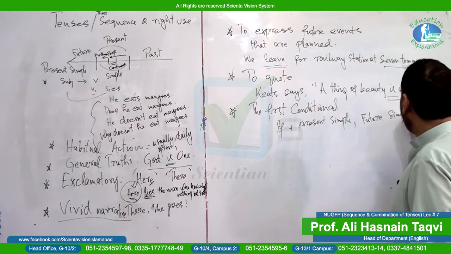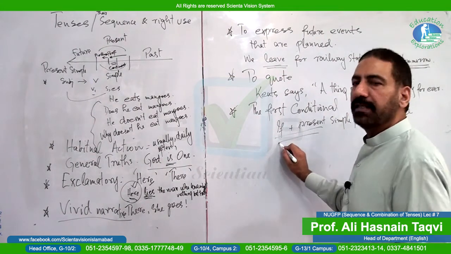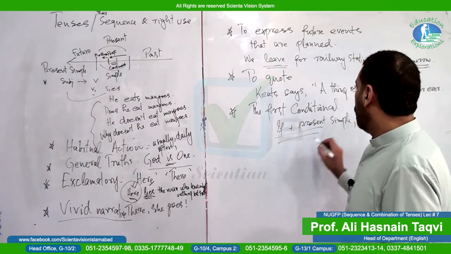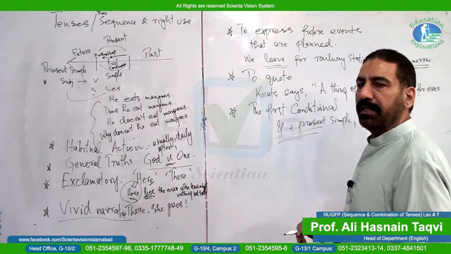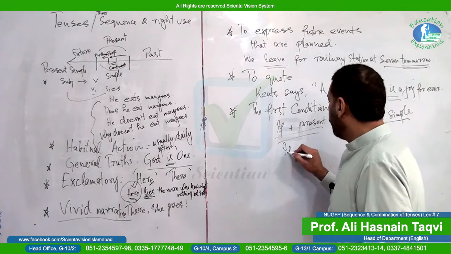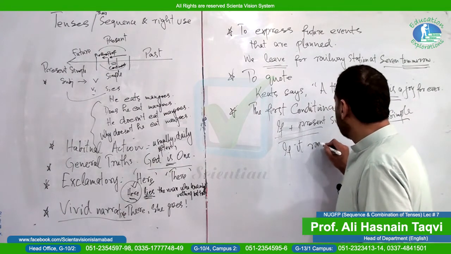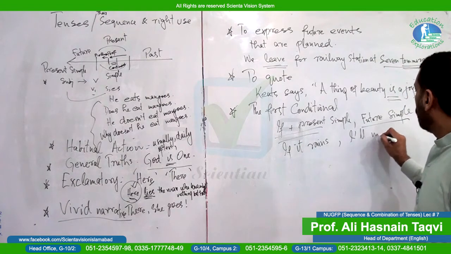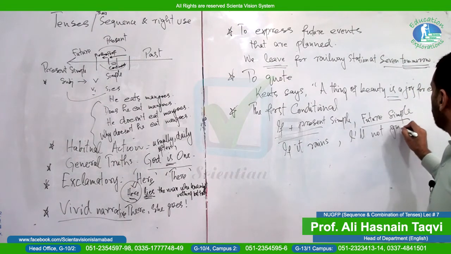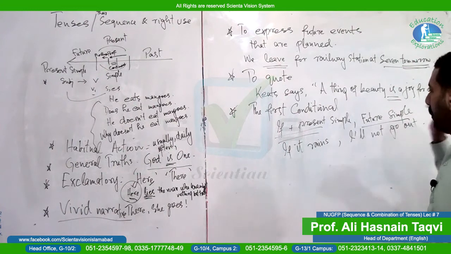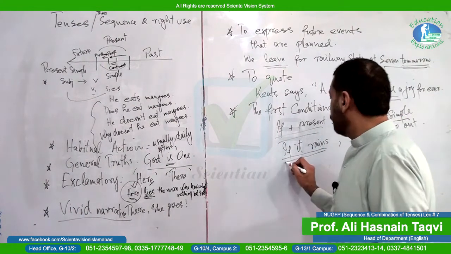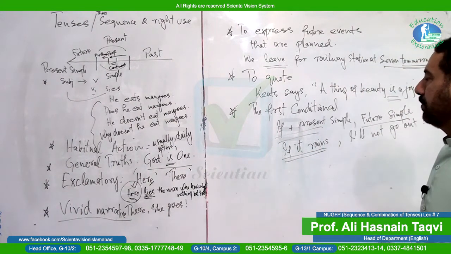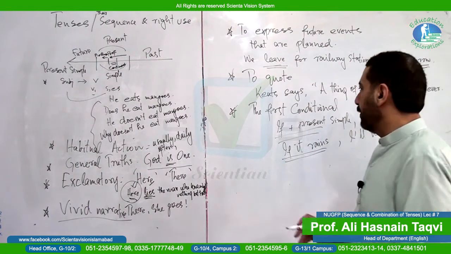You cannot put the if clause into any tense but present when you have future simple in the independent clause. If it rains, I'll not go there. So this structure you must be familiar with. This permits present simple tense only.